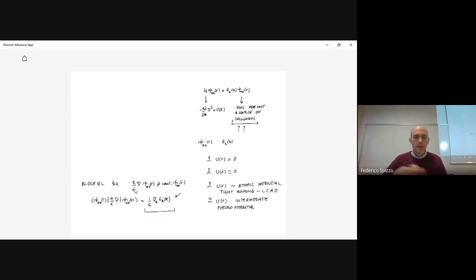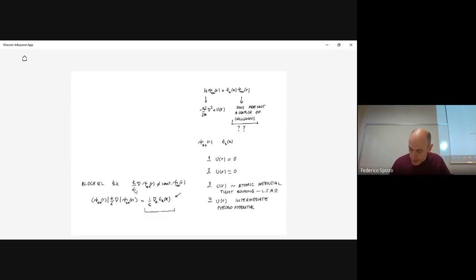So when the electron feels the nucleus, the electron does not feel just the positive charge of the nucleus, but feels also the negative contribution, the, let's say, potential due to the interaction with the electrons that are strongly bound to that nucleus. So this pseudopotential tries to include in just one expression both the contribution to the potential coming from the ions and the contribution to the potential coming from the electrons that are strongly bound to the ion itself.